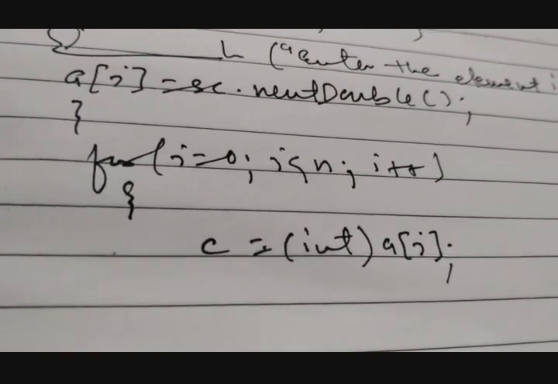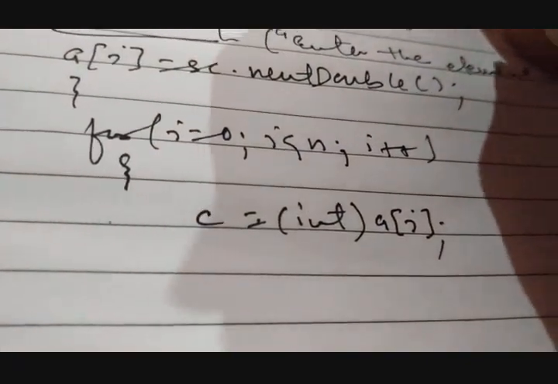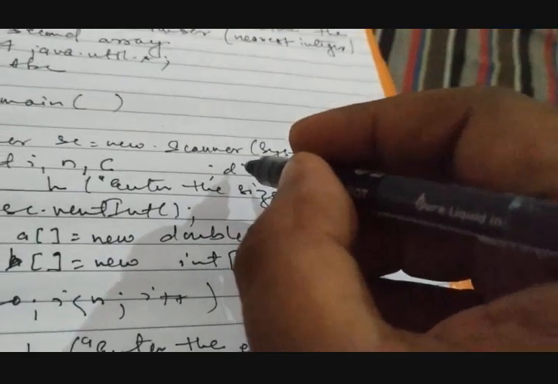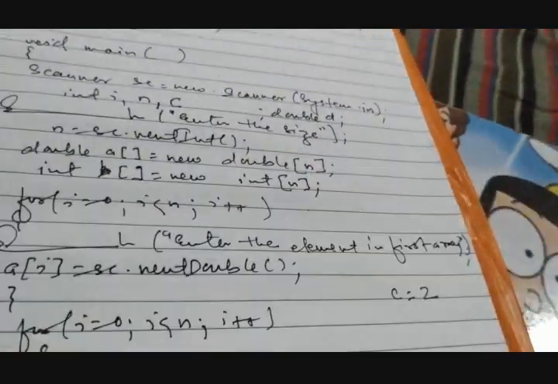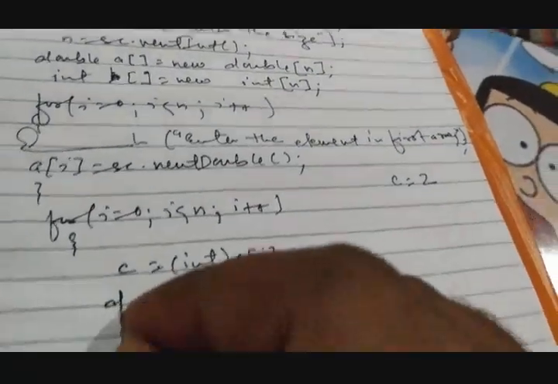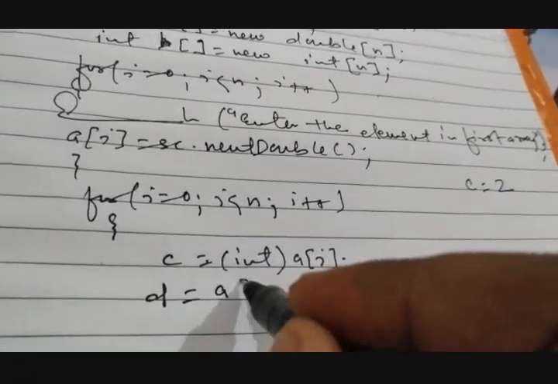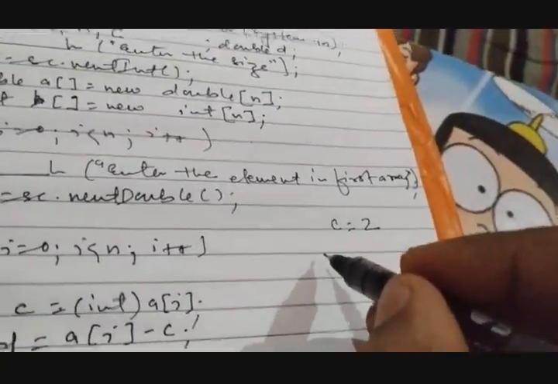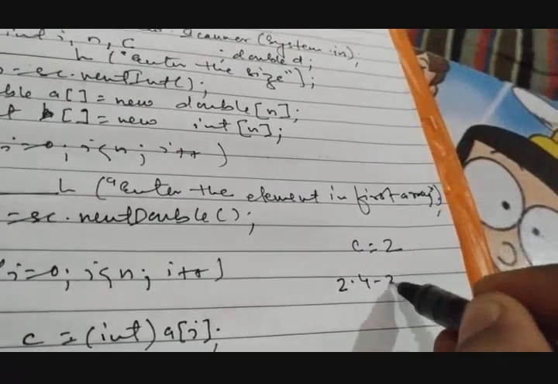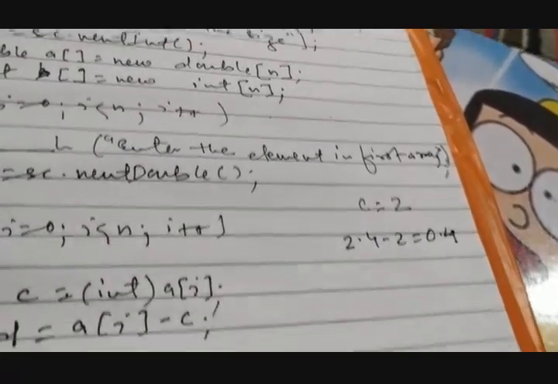Let's have another value, double d. d equals A of i minus c. A of i was 2.4 minus 2, what you got is 0.4.